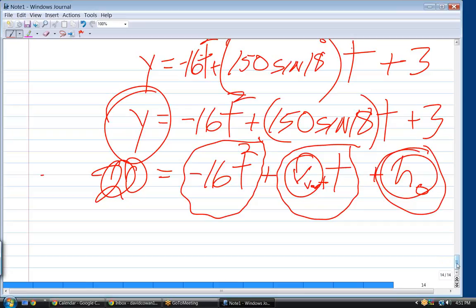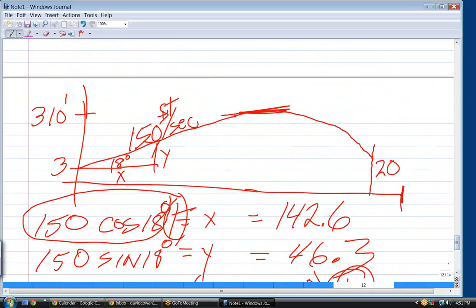I'm going to come up with two values of t. One of the values is when it hits the 20-foot mark going up. The other value is when it hits the 20-foot mark coming down. So you would take the longer time if you want to know when it hits the 20-foot height on the way down. The shorter time is when it hits that 20-foot height on the way up.